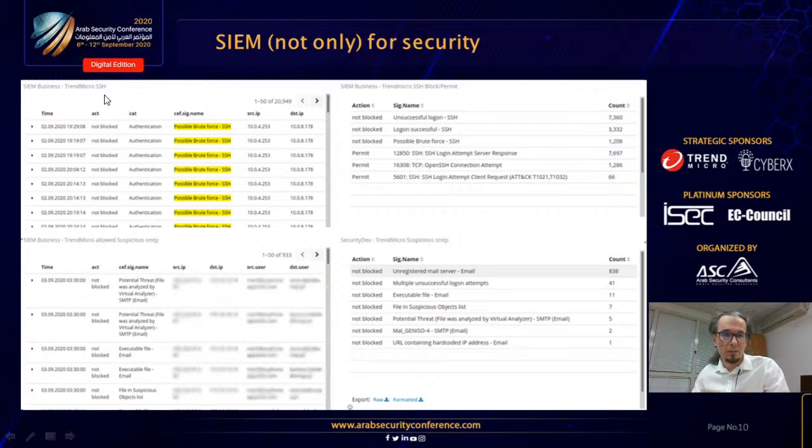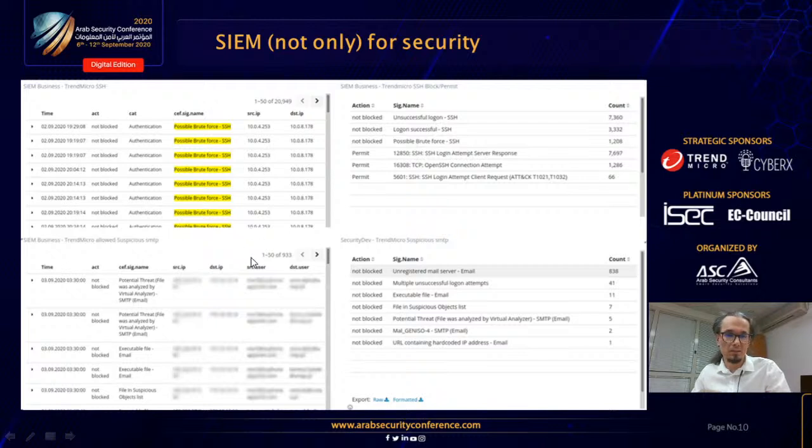Here we have the SSH possible brute force statistics from source IP and destination IP, what the action was, and on the right side we see the statistics for SSH, which ones were blocked and which ones were not blocked.